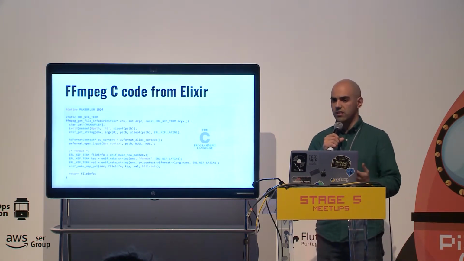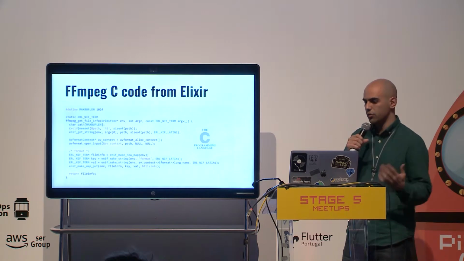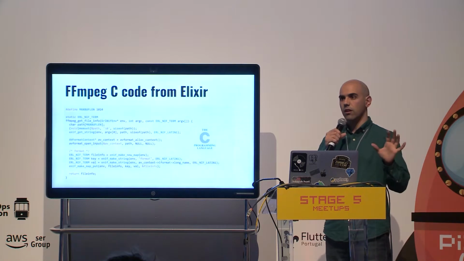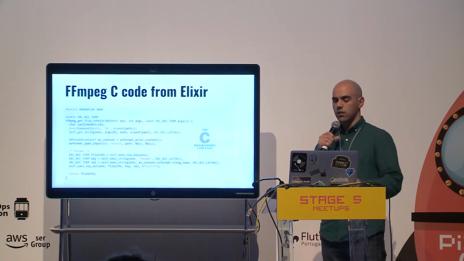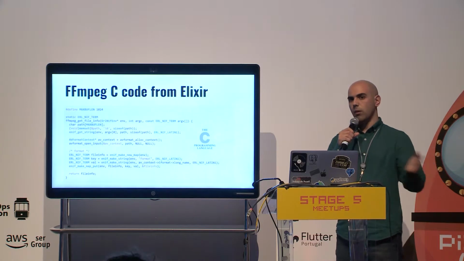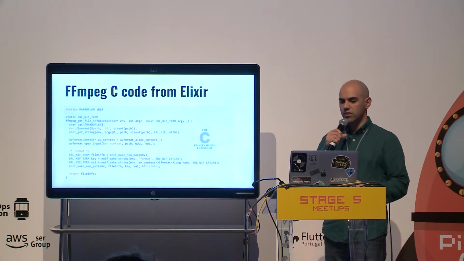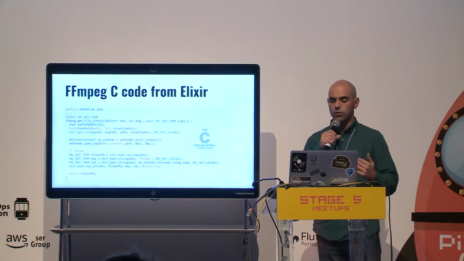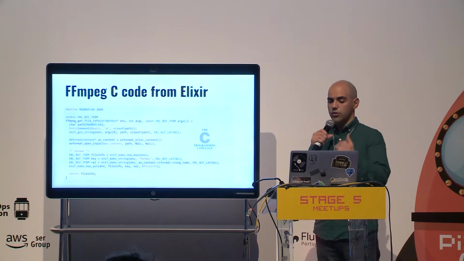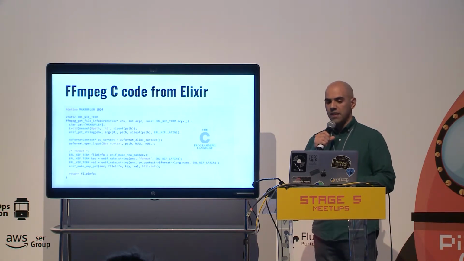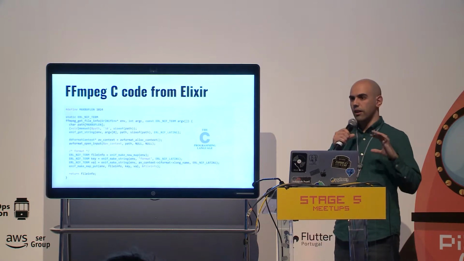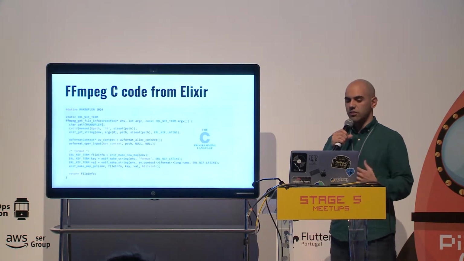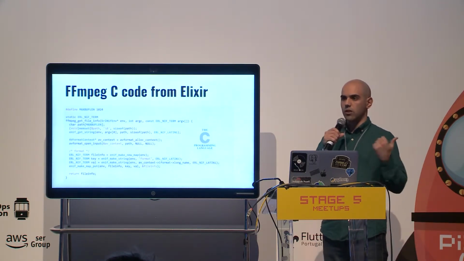So here it's very basic. All you have to do on the C side, which is the really hard part, as you saw before, is allocate enough space to get the file name that you want to inspect. Just create a bunch of null terminator characters for the string. Then you copy that according to the size of the string that you just got from the Erlang side. You alloc an FFmpeg AVFormatContext, open it, and it's just a matter of filling up a map and passing it on to the Erlang side.